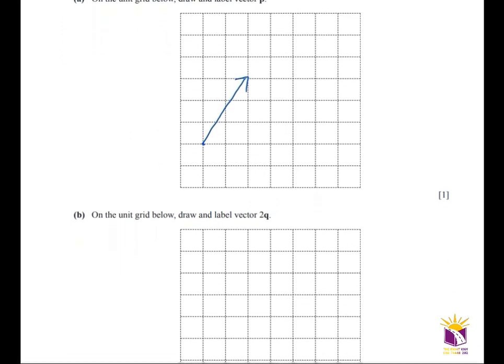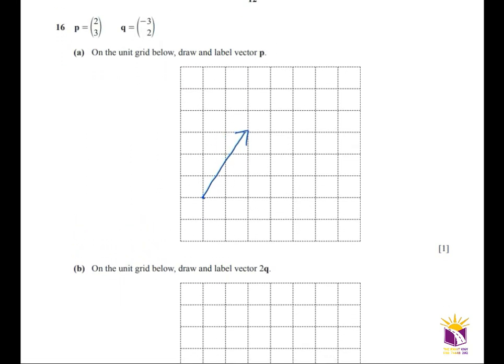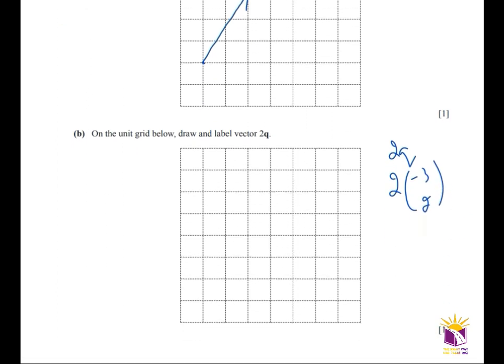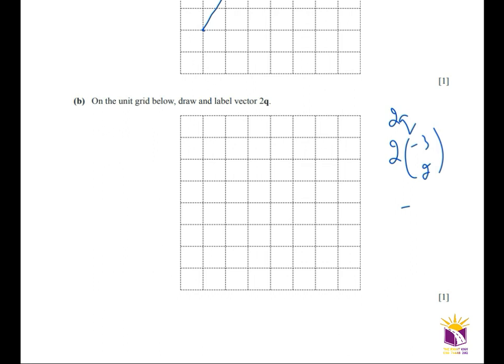On the unit grid below, draw and label vector 2Q. So first of all, what will be 2Q? 2 times minus 3 and 2, and it will be equal to minus 6 and 4. Minus 6 and 4 mean negative on the x-axis and positive on the y-axis.